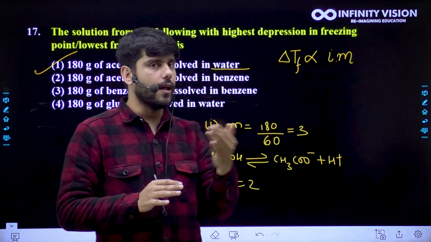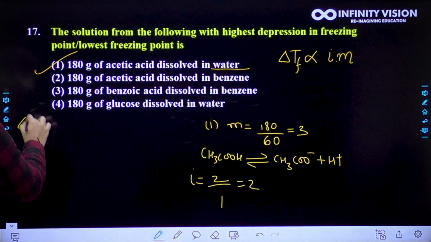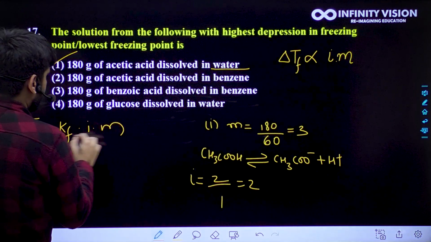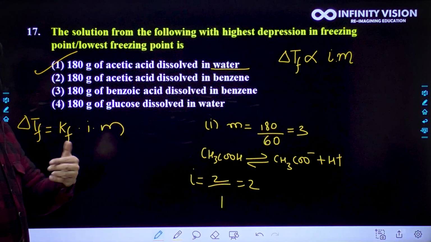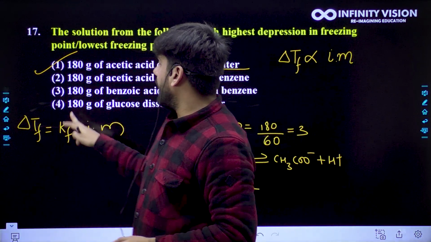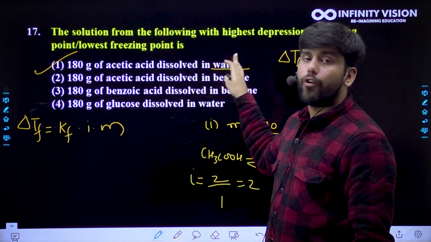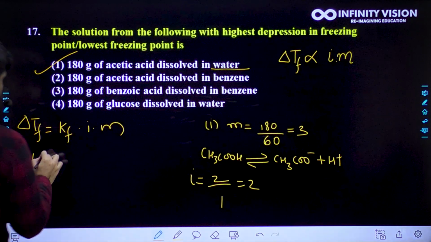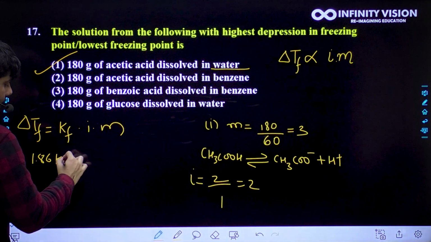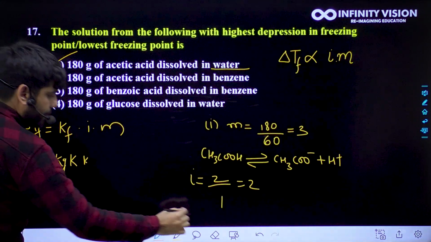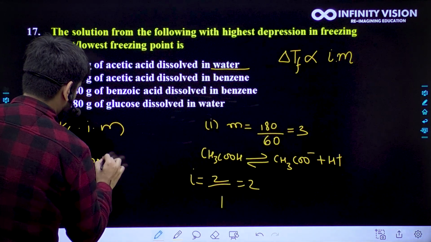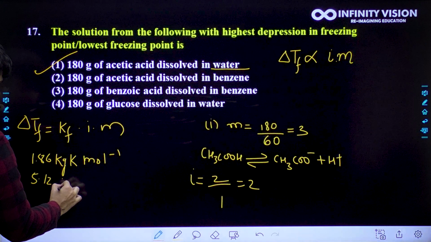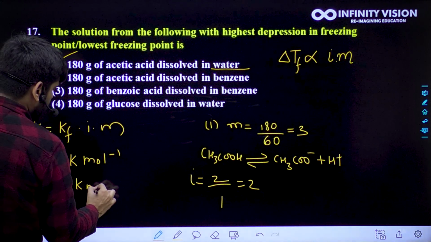Now we can do it in another way also, because we know that delta Tf is Kf into i into m, where Kf is the molal depression constant, and the values of Kf for water and benzene are given in the NCERT. For water, it's 1.86 kg Kelvin per mole, and for benzene it is 5.12 kg Kelvin per mole.